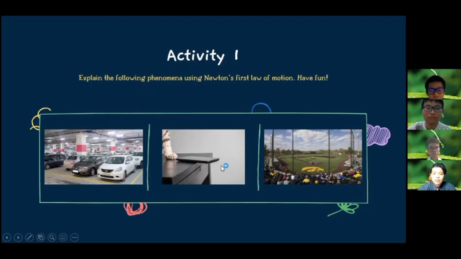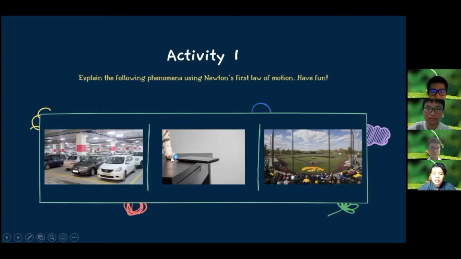You see a phone at the edge of the table. So now, can you predict what will happen to the phone in the next second? It will stay on the table. Okay, it will stay on the table. Any other opinion? It may drop from the table, drop to the ground. Why? Maybe the cat pushes it, it may drop downward. Yeah.